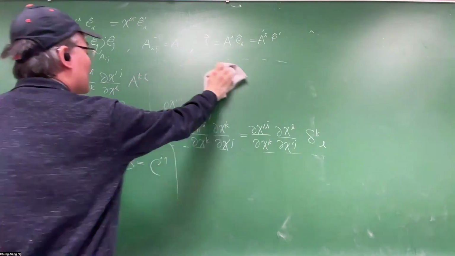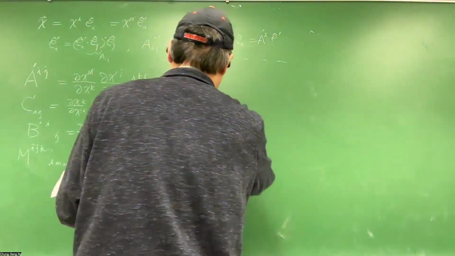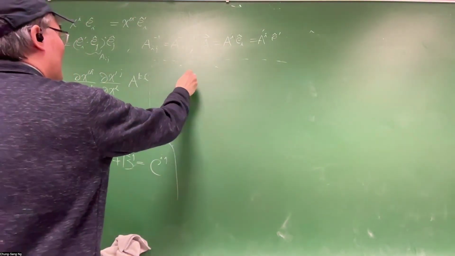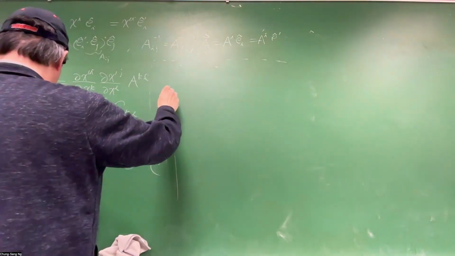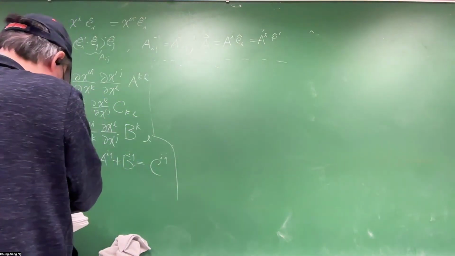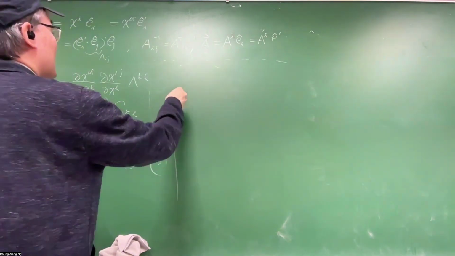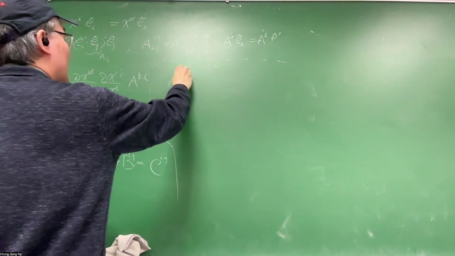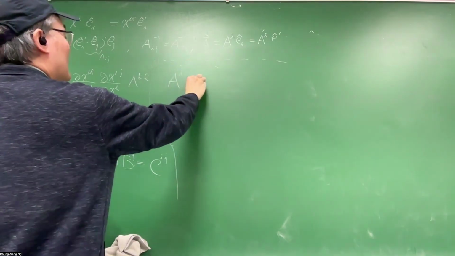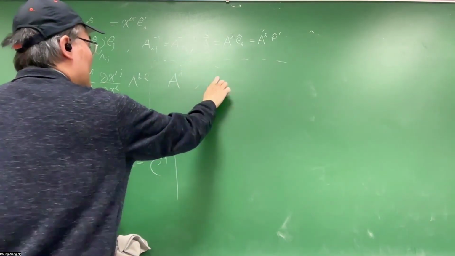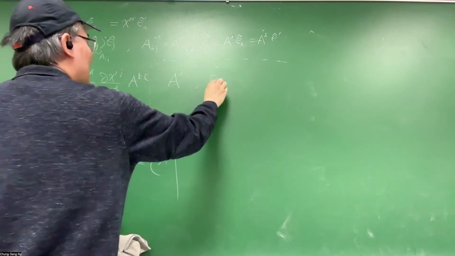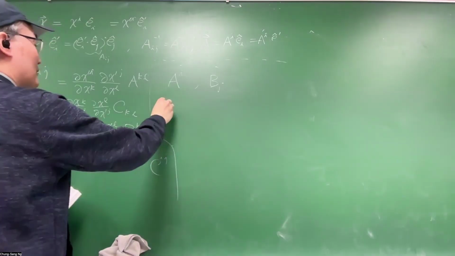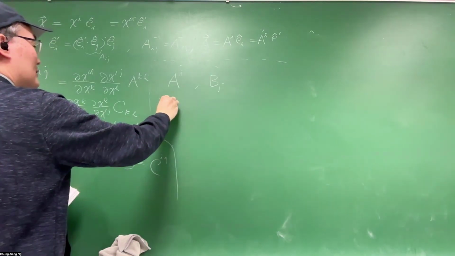So if you have a contravariant vector, let's say A and B, where the contravariant vector is A^i and the covariant vector is B_i, then you can do a contraction, what we define as the dot product.